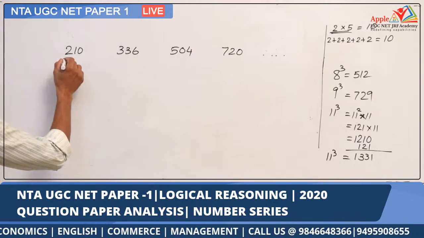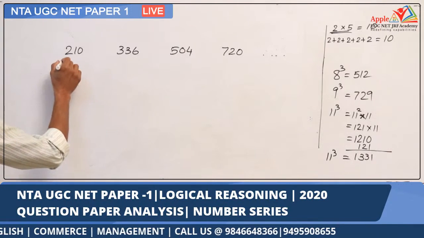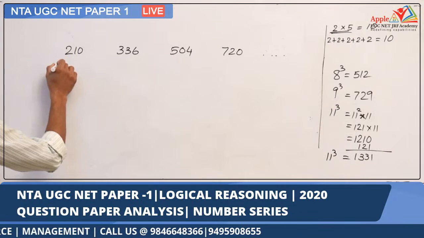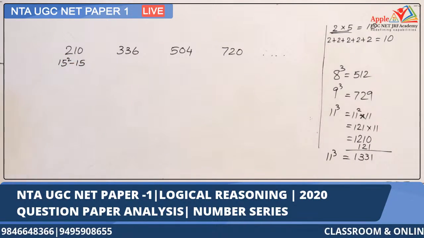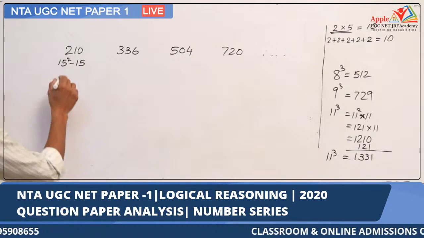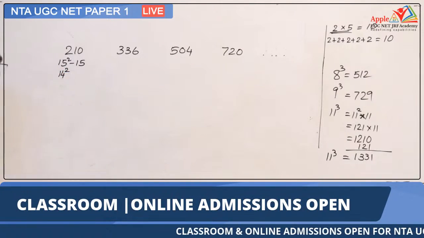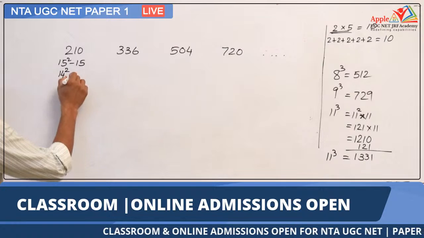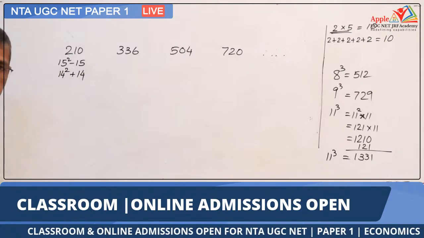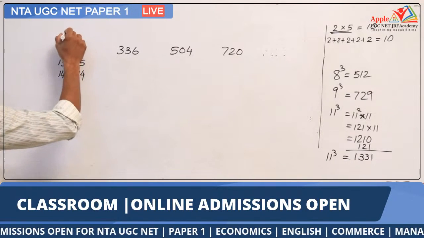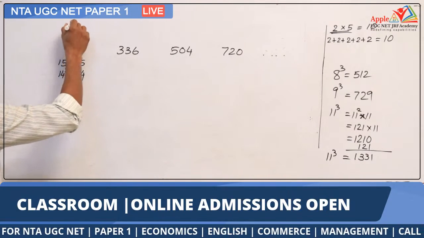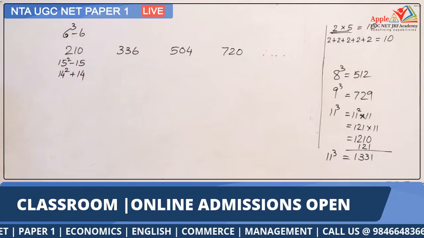So let's try this. This is the first thing I have in mind: the nearest square. The nearest square I have is 15 square, 225. 15 square minus 15 is 210. At the same time, 14 square is 196, and 14 square plus 14 is 210. There is another way: 6 cube minus 6 is 210.